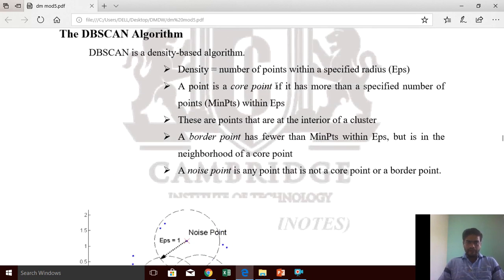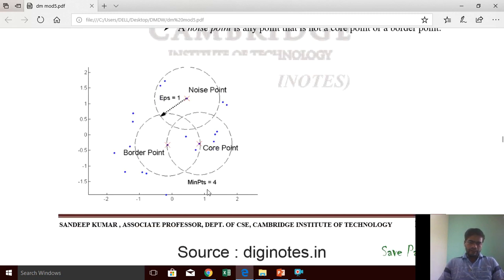The first condition for forming a cluster is that we take a point and draw a circle with radius epsilon. A point is a core point if it has more than a specified number of points, minimum points, within the epsilon. Here the condition given is minimum points equal to 4. If this circle contains at least 4 points.